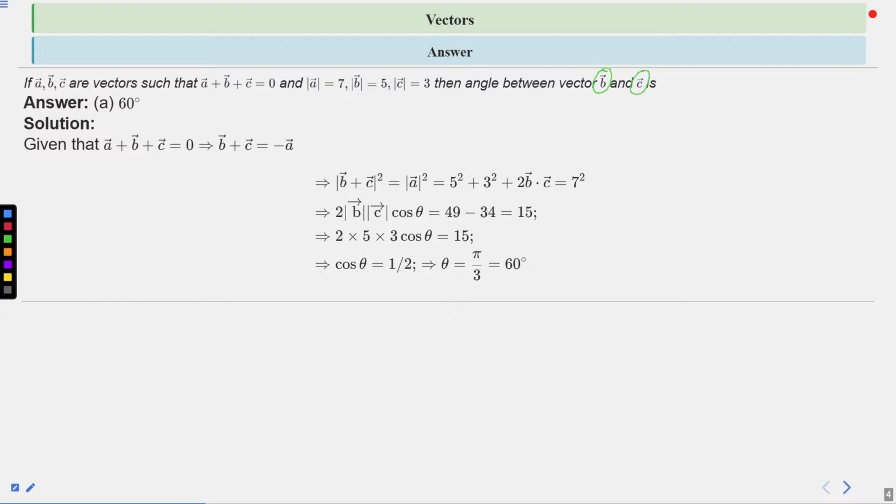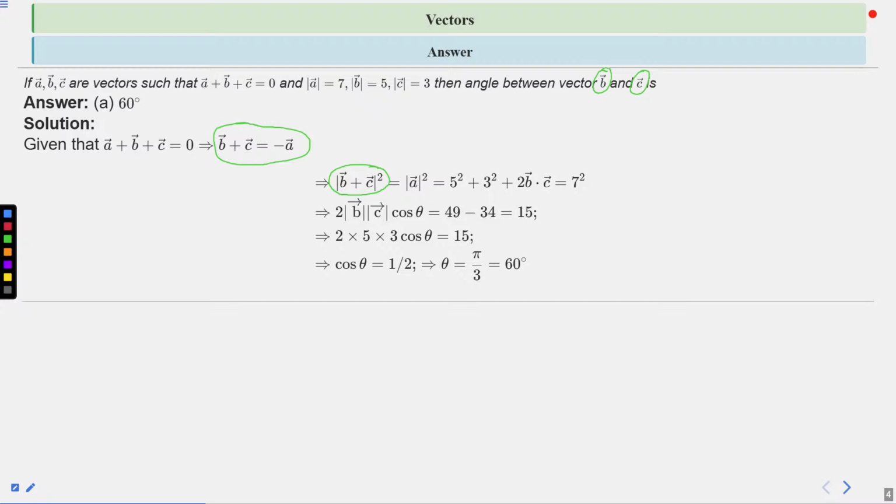Now, when we take the mod and square both sides of this equation, B vector plus C vector is equal to minus A vector, we will get mod of B vector plus C vector square is equal to mod of A square.